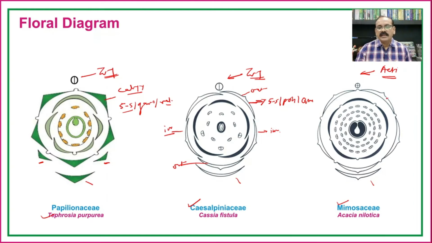But in the case of Acacia nilotica in the family Mimosaceae, the sepals are 5, gamosepalous condition with valvate estivation.